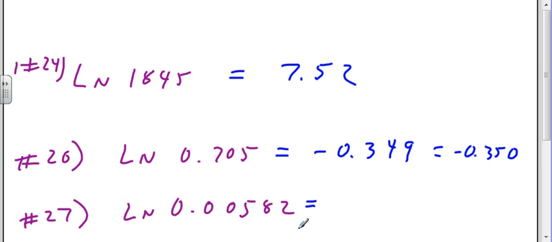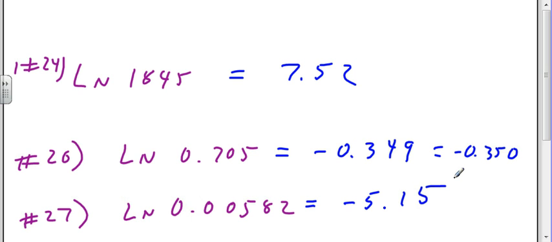Natural log 0.00582, and minus 5.15. Okay, well, I guess we did those guys.